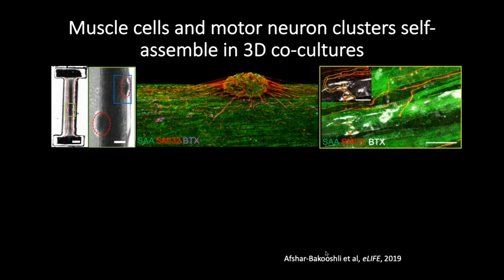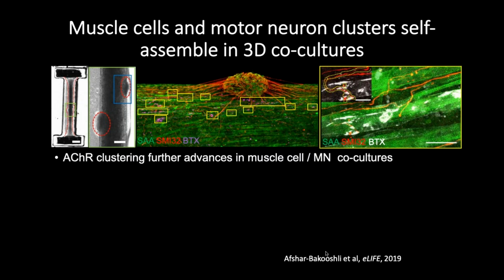One of the things that is quite striking is that if we focus our eyes on the areas in the center image that are outlined in the yellow boxes, we can see that these long neurites, where they tend to make contact, the purple acetylcholine receptor cluster stain, bungarotoxin, shows up even brighter. This is because everywhere that we see neurites making contact, we find that the acetylcholine receptor clusters are larger.